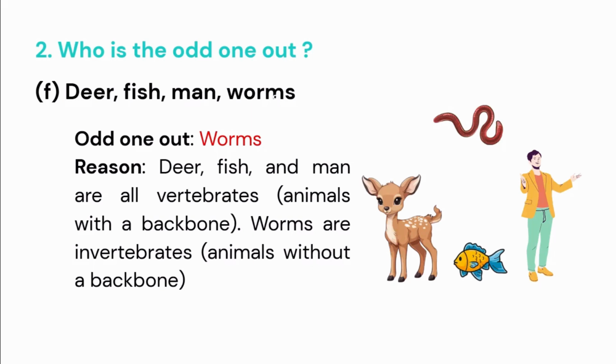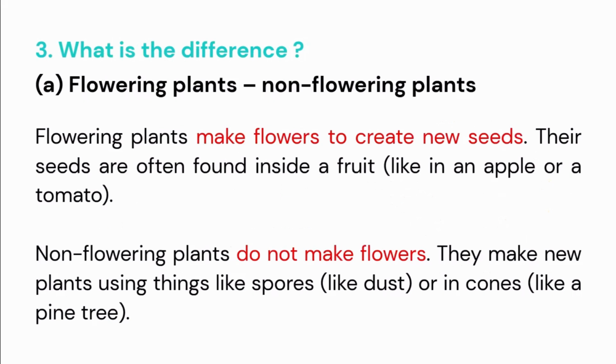Why worms? Because deer, fish, and man all are vertebrate animals with a backbone, so they are vertebrates. Worms are invertebrates. That's why they are the odd ones.